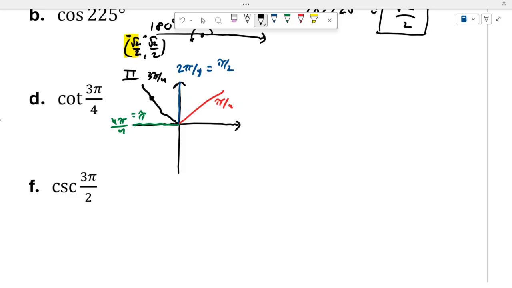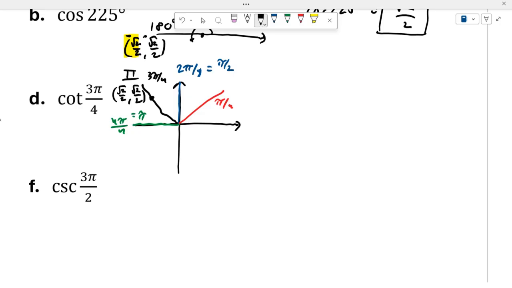So as we said for part B, when we were looking at 225, now for part D, we're at 3 pi over 4. And again, when you're in the middle like this, your xy coordinates are where you end up seeing the root 2 over 2.